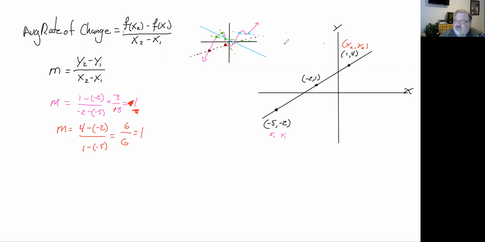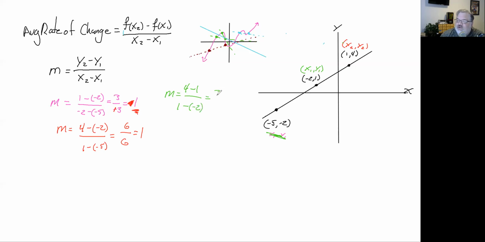Again, even if we did it with these other two, and I do want to take a moment and do that, even if we didn't use this as x1, y1, we use this as x1, y1, we will still get the same value because these are all on the same line. So our slope, m, is, what, 4 minus 1 over 1 minus, this time it is -2.